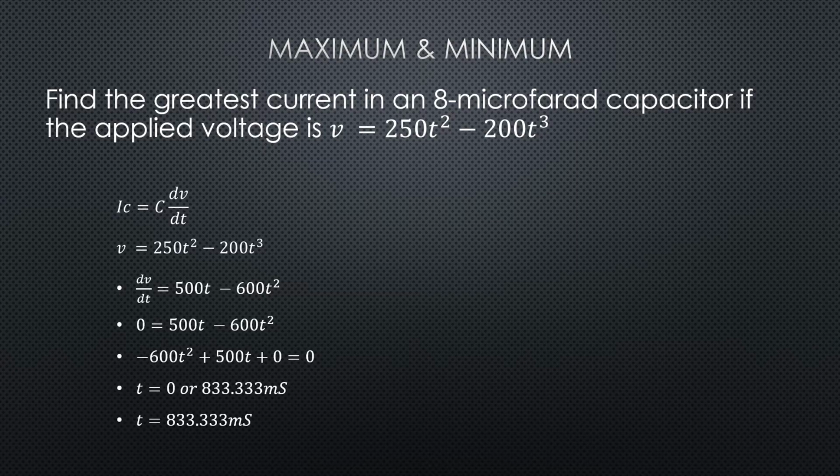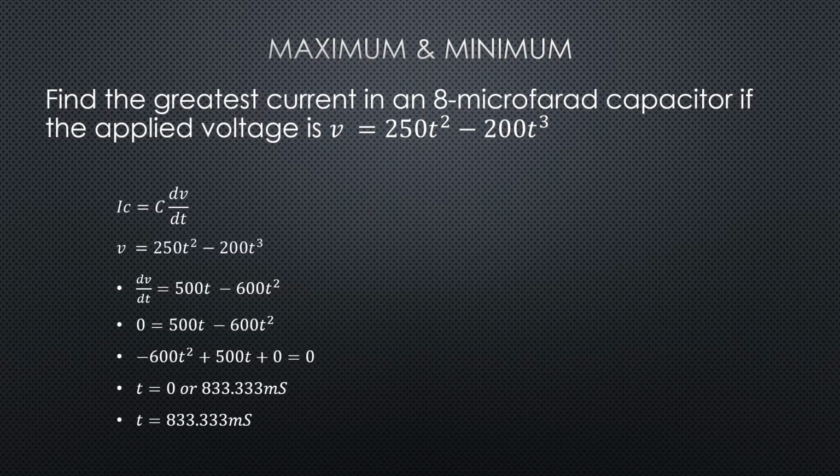So we know from previous studies that the capacitor current IC is equal to C dV/dt. Now the problem gave us the voltage in terms of T. So if we take dV/dt we get 500 T minus 600 T squared.